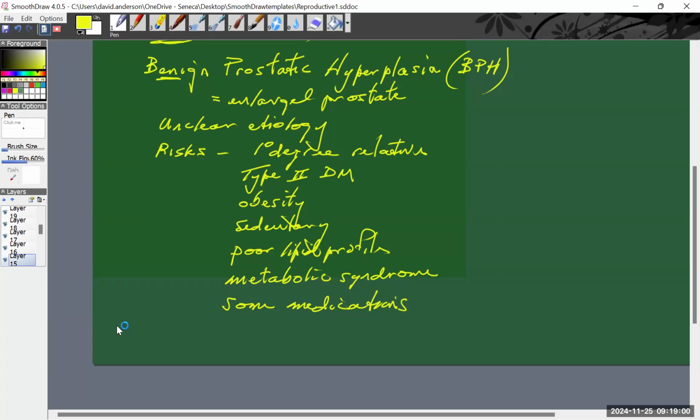And the idea here is that when we look at the pathophysiology or pathogenesis, essentially the concern is that the prostate grows or enlarges and encroaches or presses on the urethra.